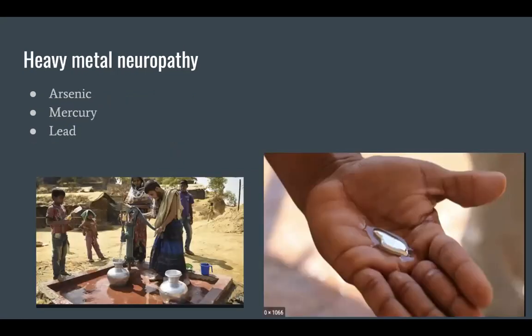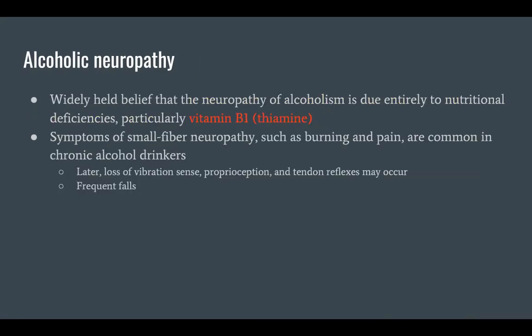Okay, heavy metals, arsenic, mercury, lead, they can also cause neuropathies. Alcohol. The neuropathies associated with alcohol are usually due to nutritional deficiencies like thiamine. Also, alcoholics are known to have folate deficiencies as well.